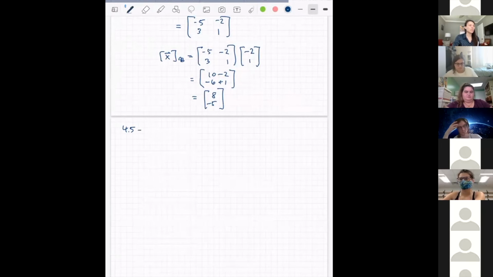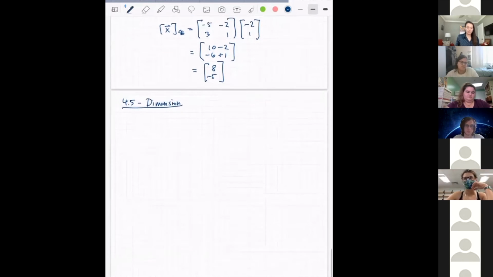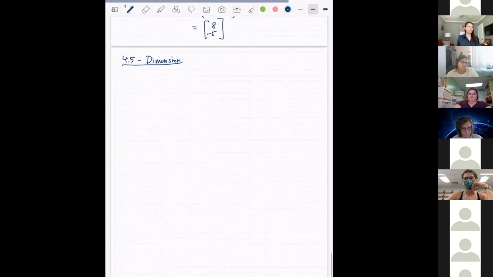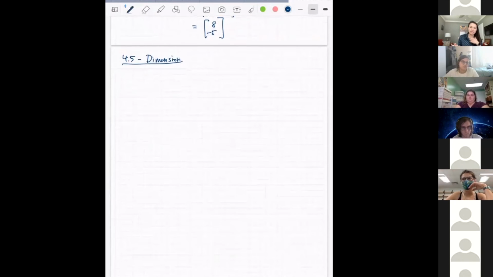Okay, so section 4.5 is on dimension, which we've already been talking about, right? So some of this we've discussed prior to this, but the dimension is the number of vectors in the basis. We've gone over that at the beginning of class. We also talked about finite versus infinite dimensional.